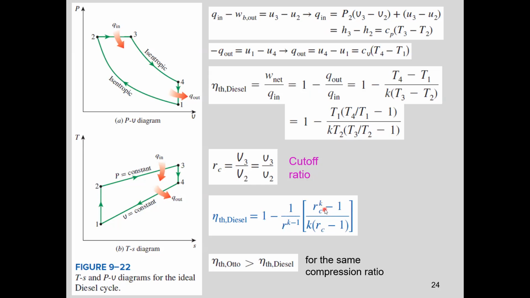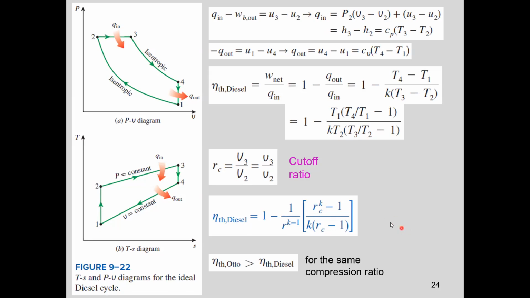Do you remember what K is? Probably you are writing the answer as I speak, and I can see that somebody wrote it already as Cp over Cv, which is correct. What is the name of that? The name is specific heat ratio.